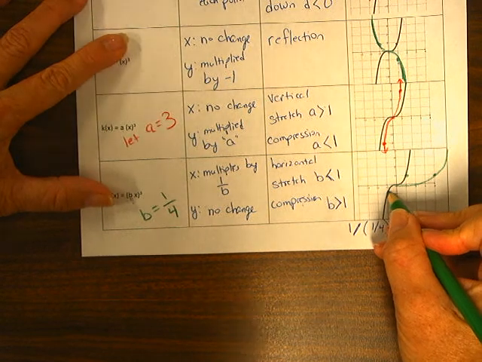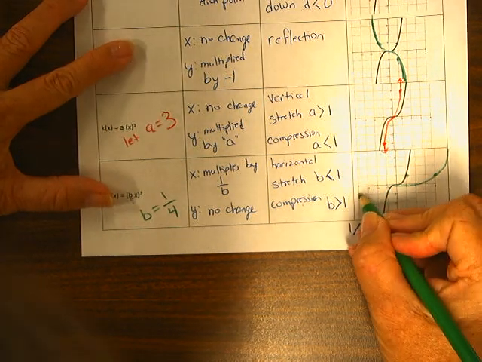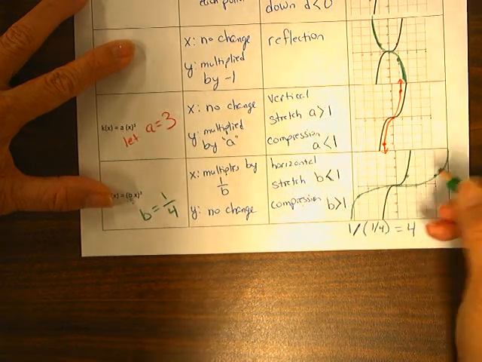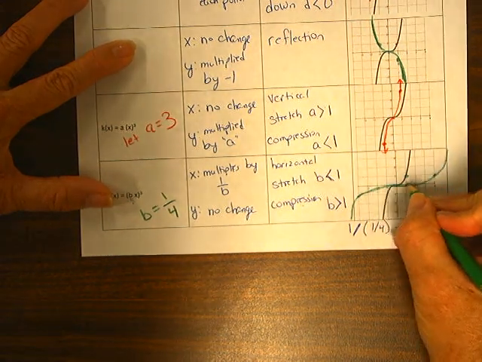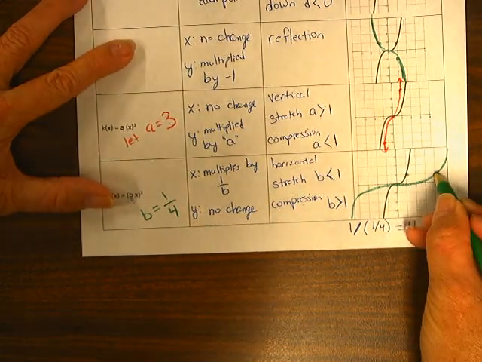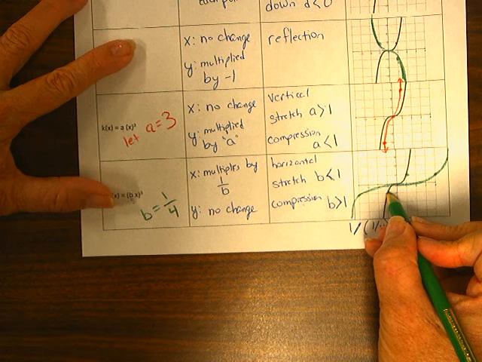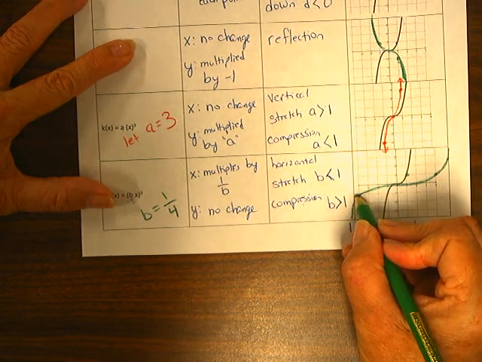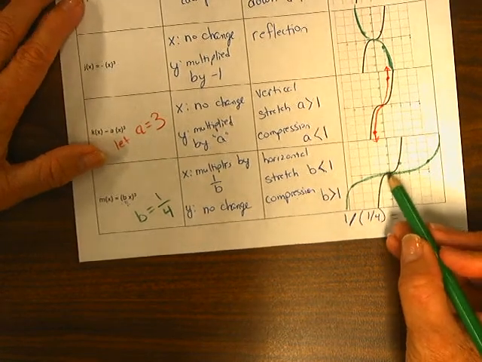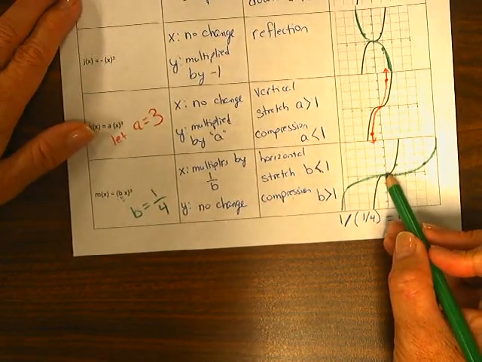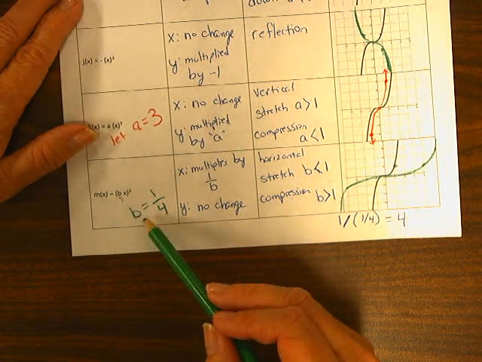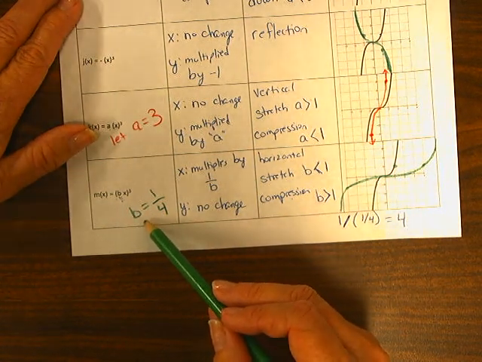Negative 1 also gets multiplied by 4, so that pulls it to this side, and it would come downwards. So this point has been stretched over to here. This point has been stretched to here. Again, I recommend playing with this one. Plug it in your calculator. Try putting in a b value of greater than 1.